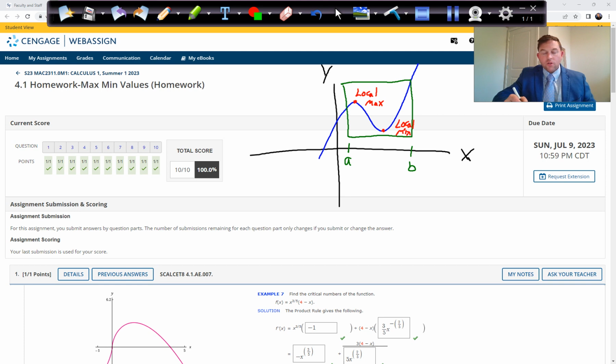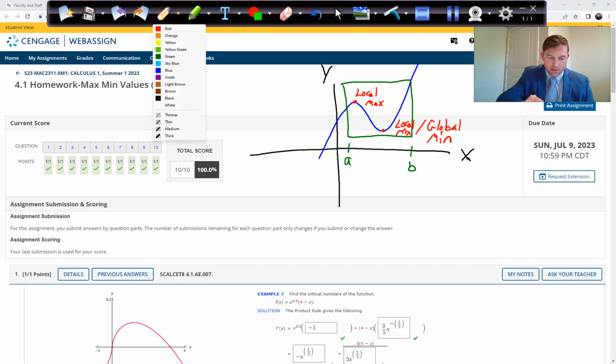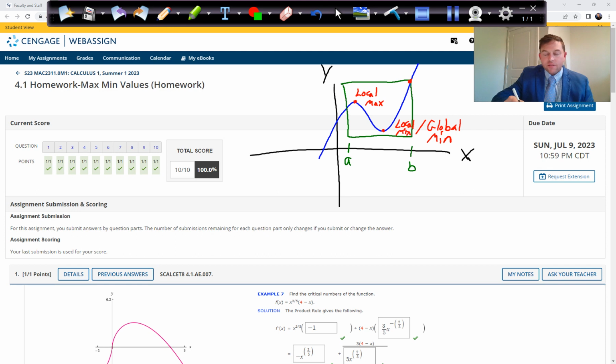Now it turns out that the local minimum is also the global minimum because it's the lowest portion of the function in this green window. But this local maximum is not the global maximum because this point right here is higher than everything else. So right at the end of this interval, we would say that point is the global max.